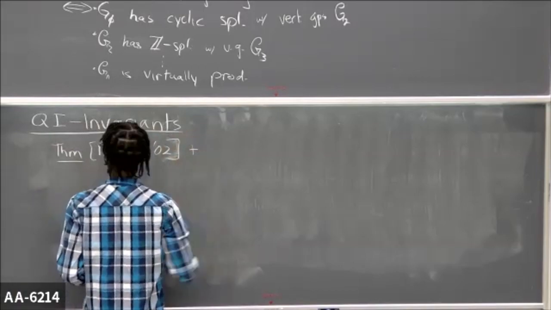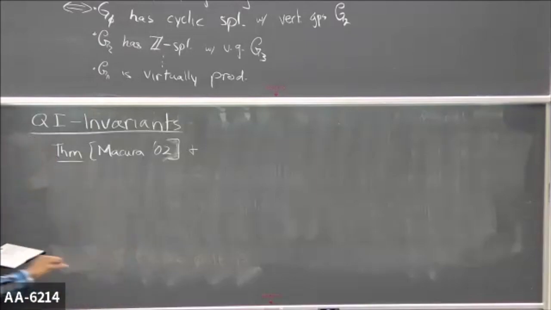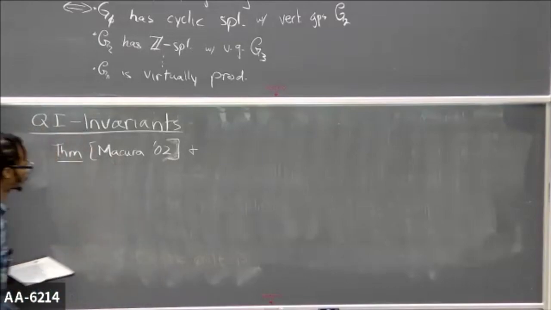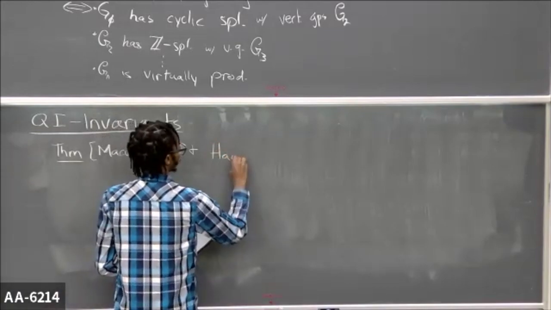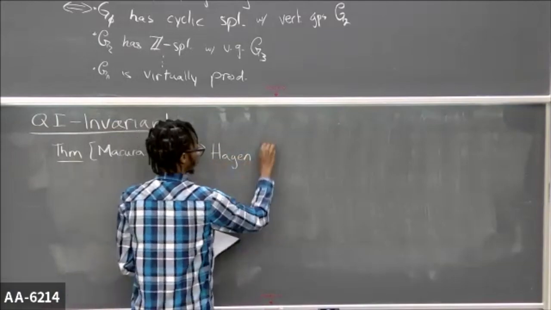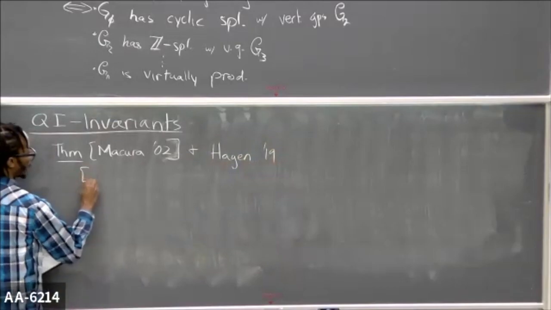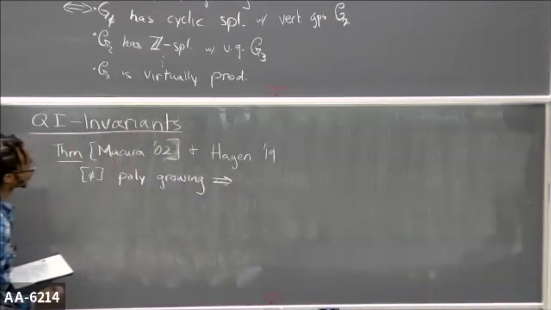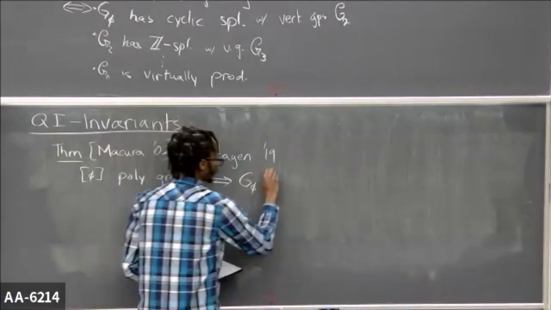And then there's a recent note by Mark Hagen that uses modern terminology, or things that were introduced much later than Macura's paper, and that modernizes the result in a way. Hagen, a couple of years ago. And it states that if phi is polynomially growing, then your free-by-cyclic group has polynomial divergence.